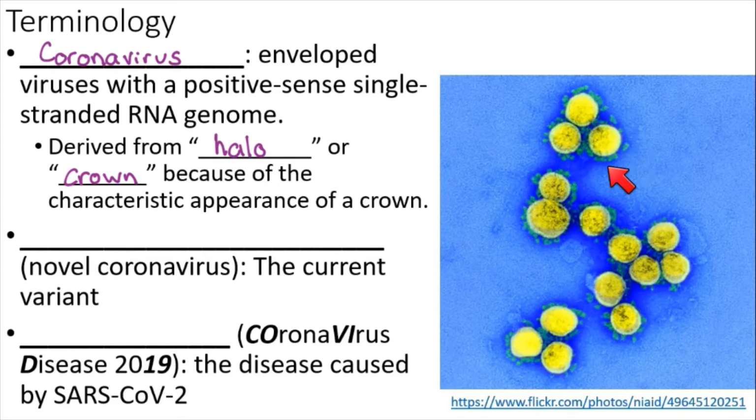So under an electron microscope, it appears as if there's a crown around these viruses, and that is why they're called coronaviruses. In fact, many different types of viruses have this crown appearance. These are not a new thing. These have been around for a while, but what's new is the novel coronavirus, or SARS-CoV-2.